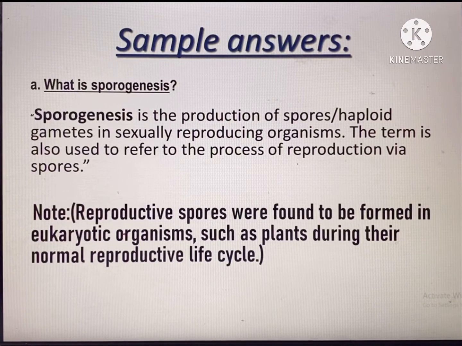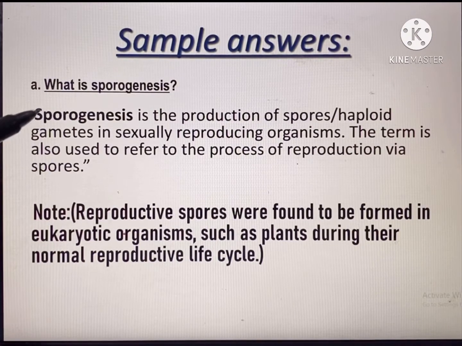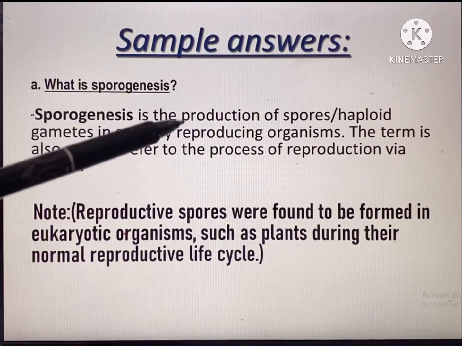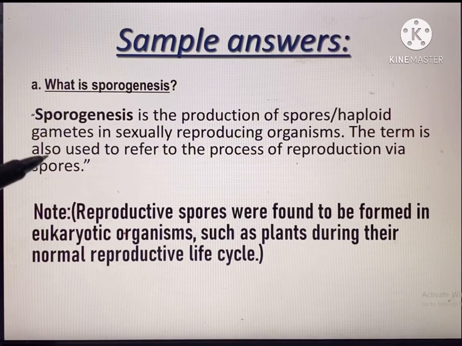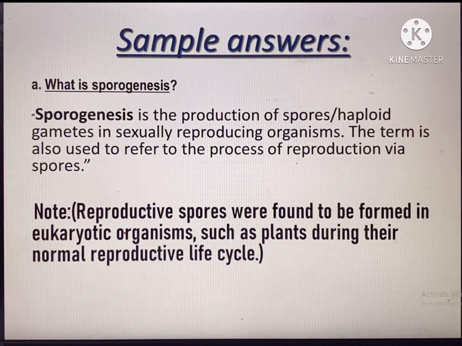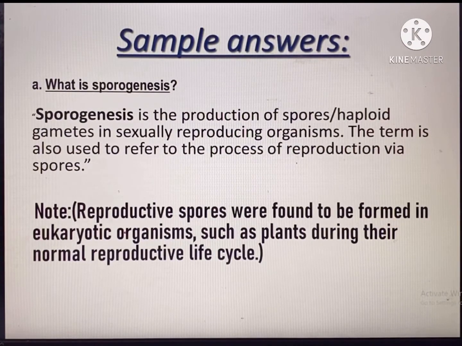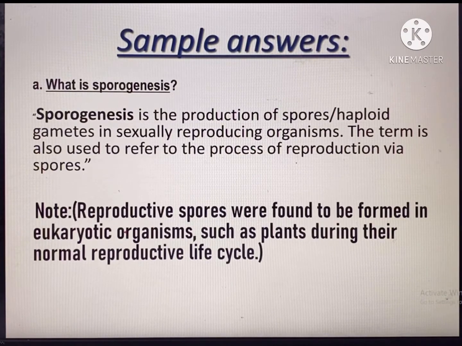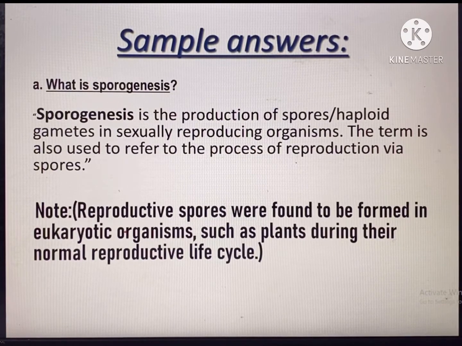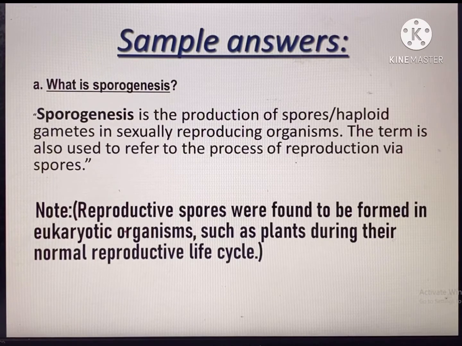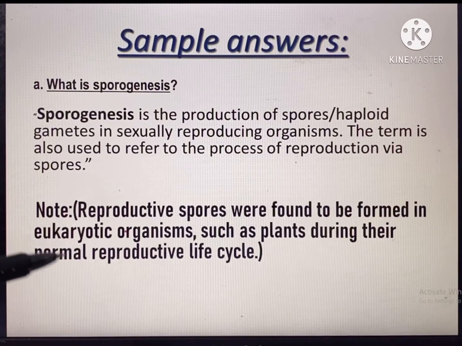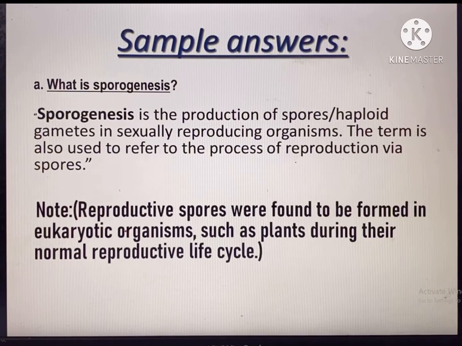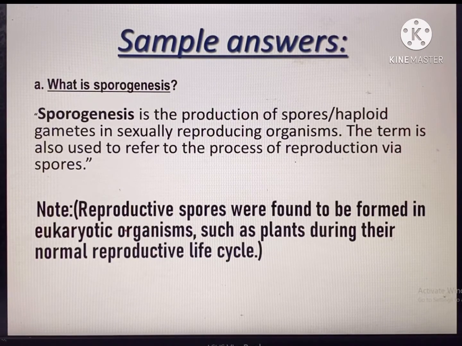The very formal answer is that sporogenesis is the production of spores or haploid gametes in sexually reproducing organisms. The term is also used to refer to the process of reproduction via spores. Here is a note that reproductive spores were found to be formed in eukaryotic organisms only, not in prokaryotic organisms.